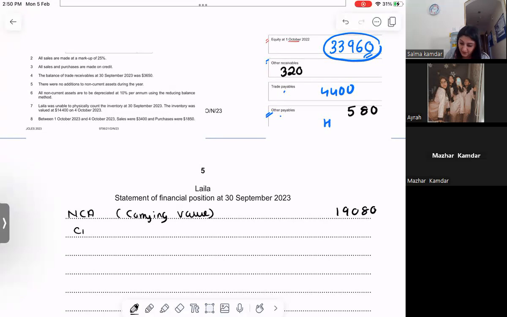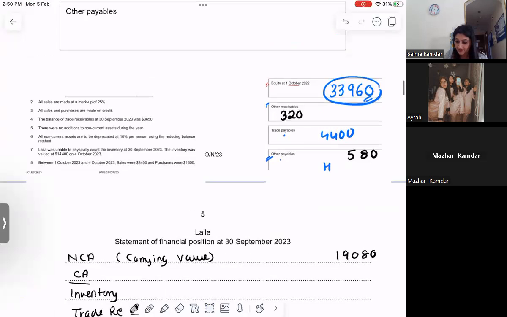Non-current assets, and you have current assets. What are the current assets then? Closing inventory, trade receivables, cash in hand, cash at bank.